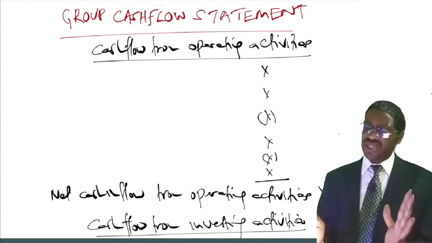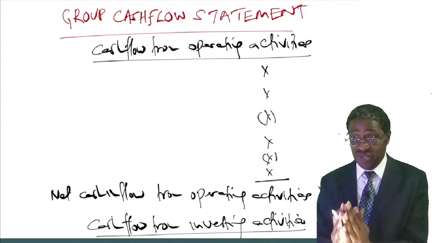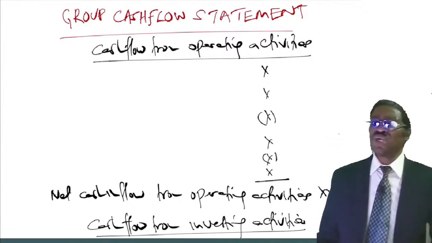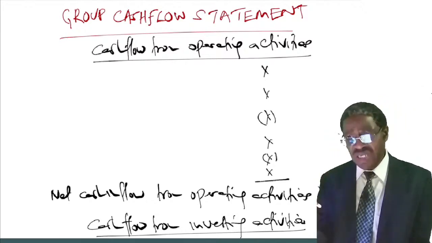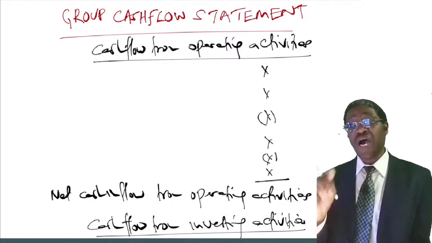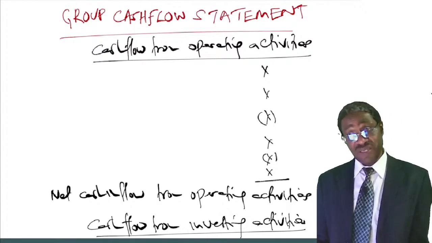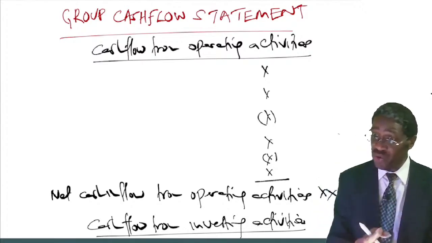But before we discuss how you determine the cash flows from operating activities, you need to remember: when I say we are looking for cash flows from operating activities, what do we mean by operating activities? You remember, this is not the first time you are doing cash flow.